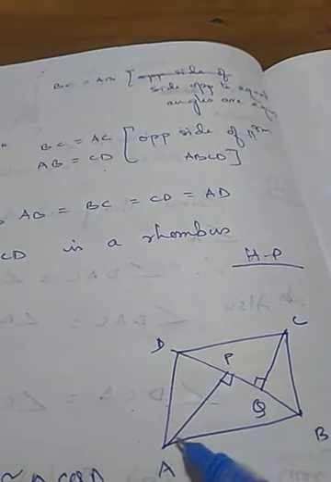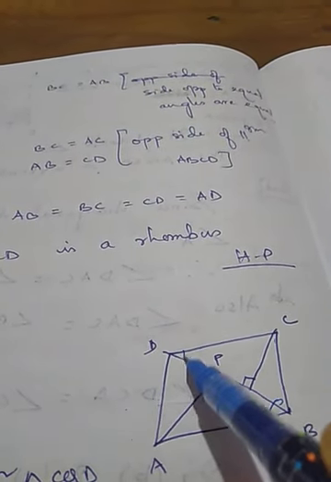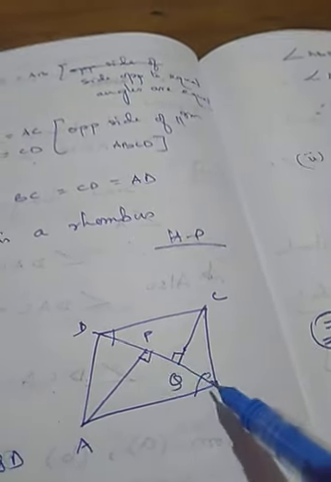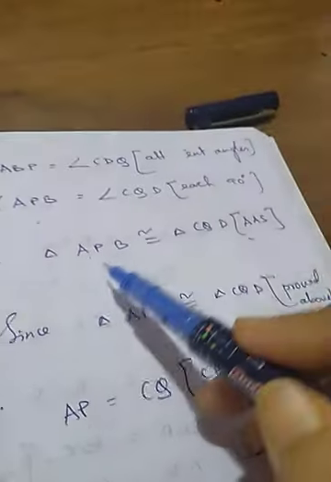Then alternate angles, because they are parallel, so this angle equals this angle, and as it is perpendicular, these two angles are 90 degrees. So with the help of angle-side congruency, we have proved these two triangles are congruent.